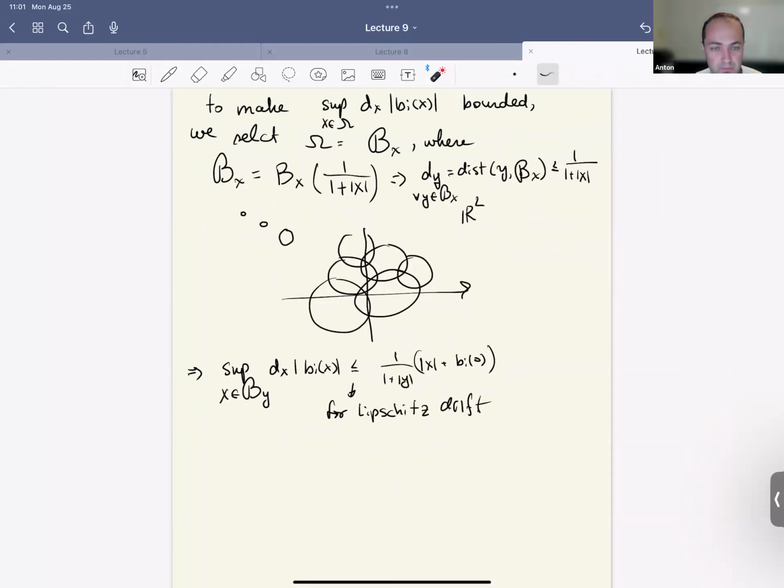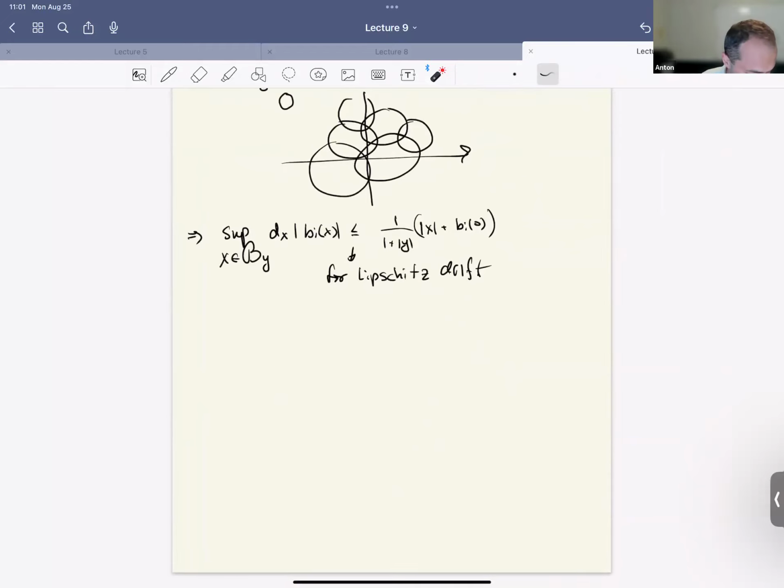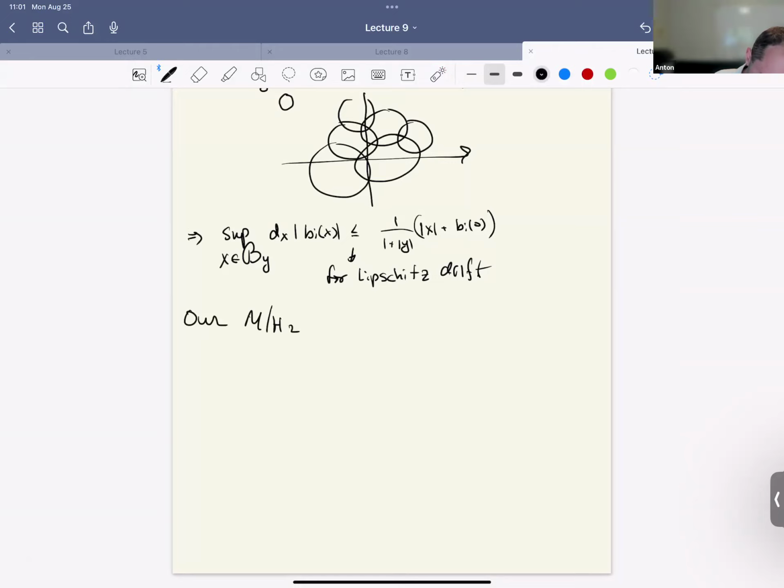Let me put all the pieces together right now. If we take our diffusion process, the H2n plus m diffusion approximation, and just to remind you, dY of t.